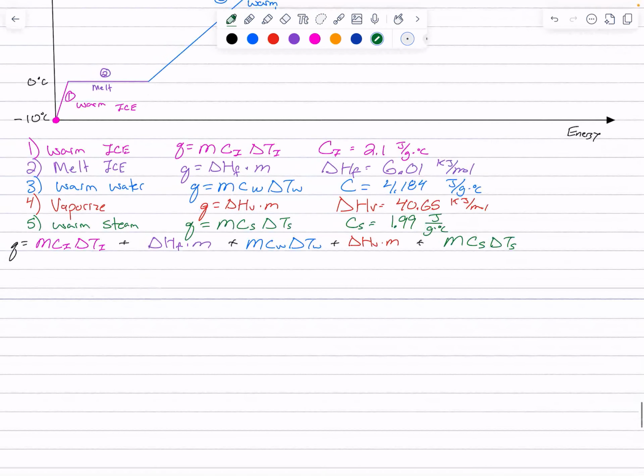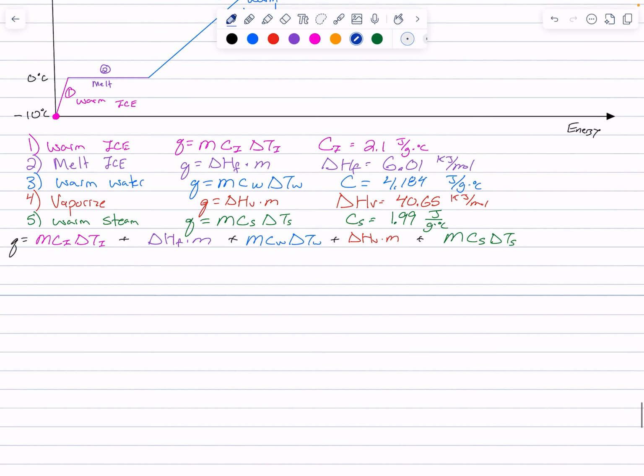Now, what's our problem? I have kilojoules per mole for some of them and joules per gram. We have 10 grams of H2O, right? If I divide that by 18.02 grams per mole, I get 0.555. Let's just call it 0.555 moles.